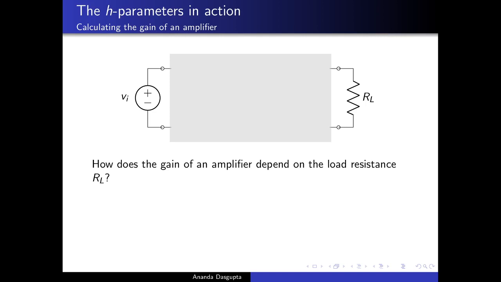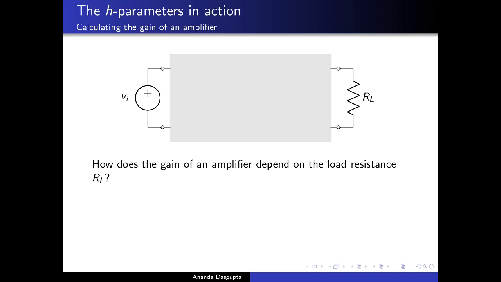An amplifier is an ideal case study for a two-port network system, right? You have an input on one side, you have an output on the other. And here what we are asking ourselves is, how does the gain of an amplifier which is there in that black box in the middle, how does the gain depend on the load resistance RL? If I change the load resistance, how does the output voltage by input voltage, VO by VI, change?